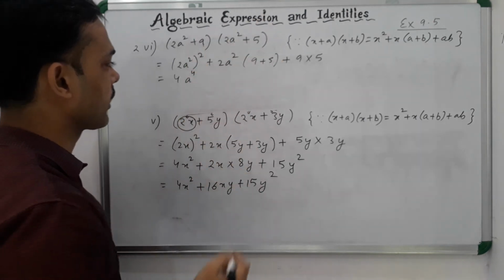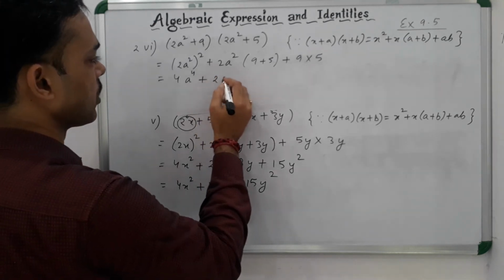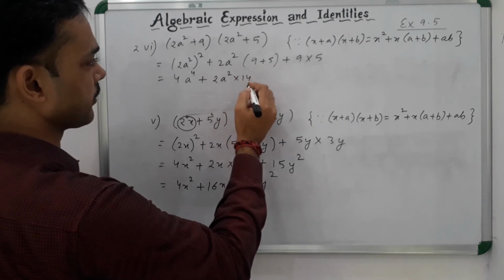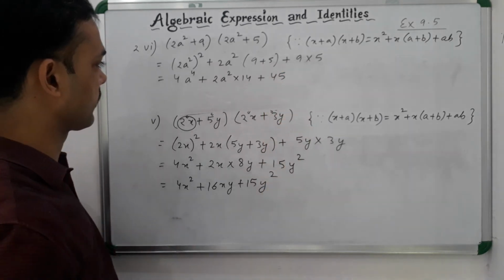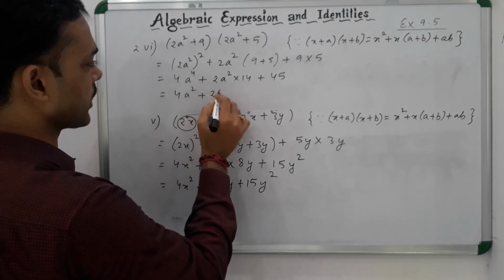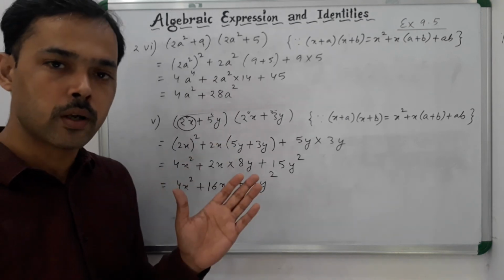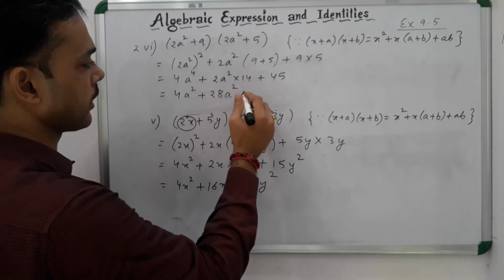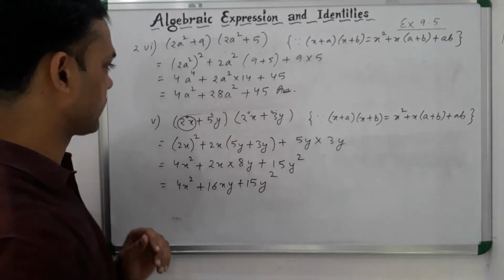In this way you are getting 4a raised to the power 4 plus 2a square, here 9 plus 5 will be 14 and 9 into 5 will be 45. It means that 4a to the power 4 plus 28a square. Why 28? You know that first we will multiply constant. So 2 into 14 is 28a square plus 45, and this is your answer. Okay.